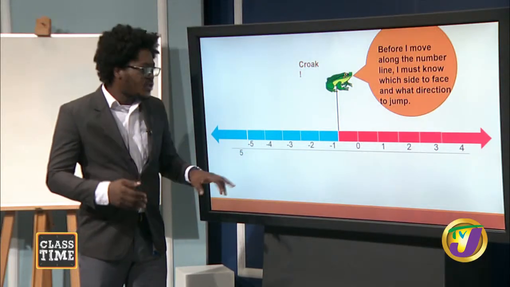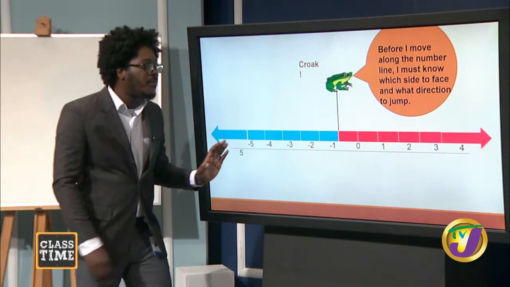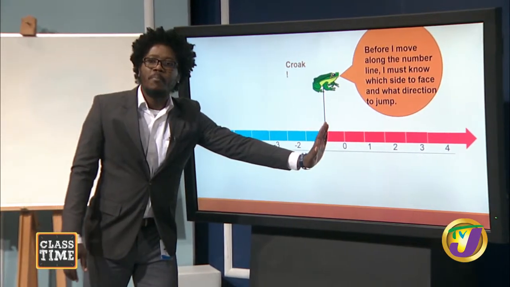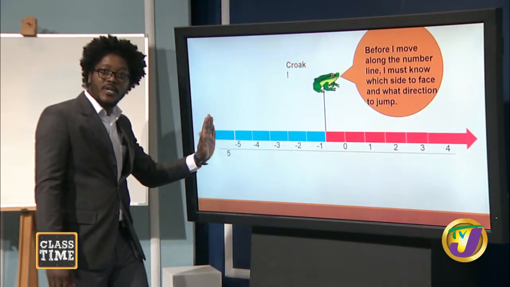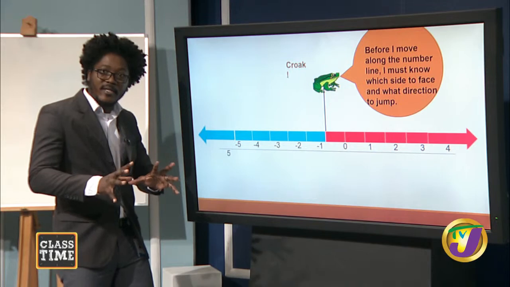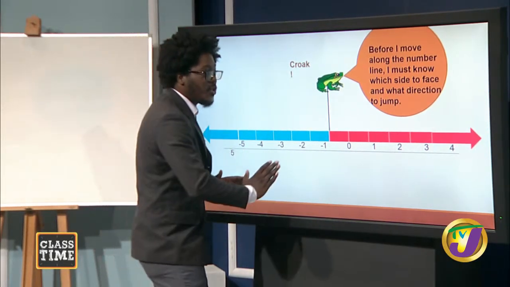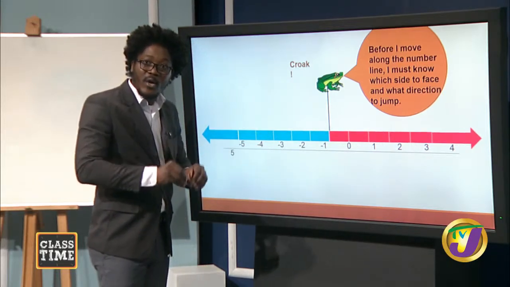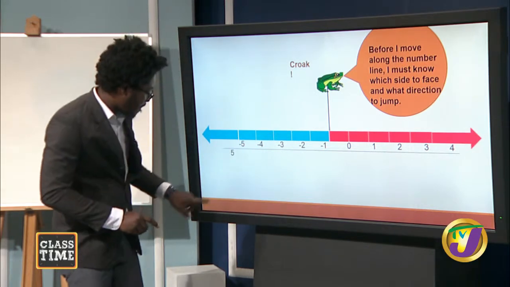But if Froggy was only facing the right, when I tell him to jump forward, he would be moving in this direction. And if I told him to jump backwards, he would only be moving in this direction to the left. So let's look at that again. If I ask him to jump forward facing right, he is going to jump to the right. If I ask him to jump backwards but facing right, he is going to jump to the left.